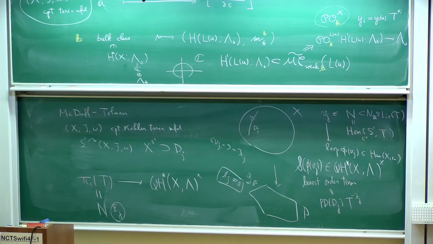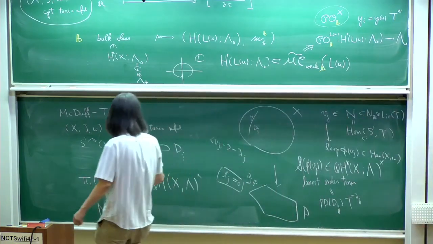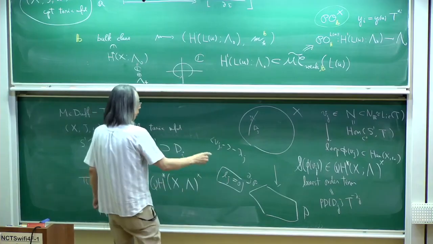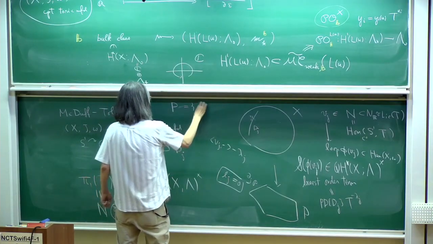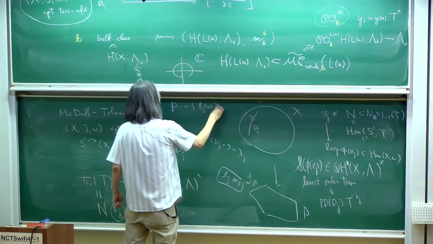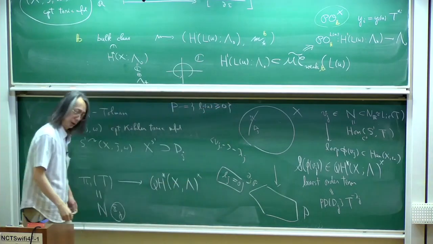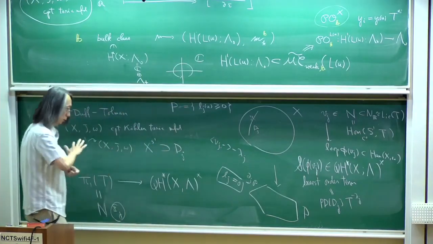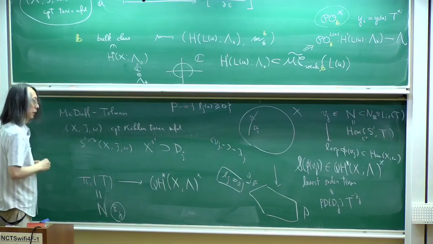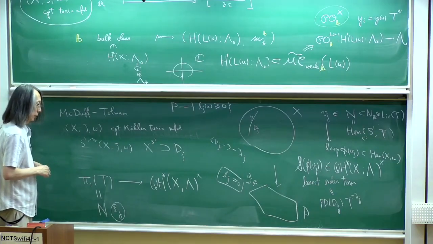Sorry, now I assume that this polytope P is defined by these affine inequalities, and I just shift the polytope in the dual of the real Lie algebra so that the barycenter is the origin.